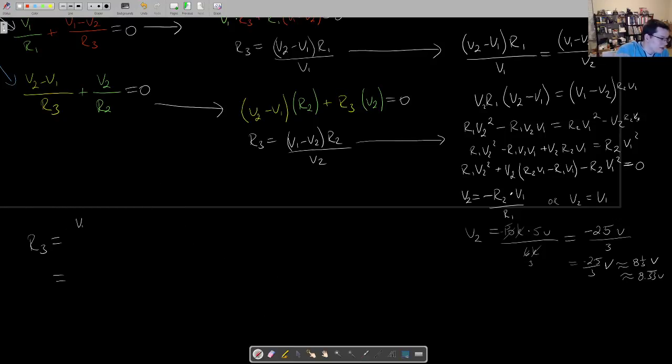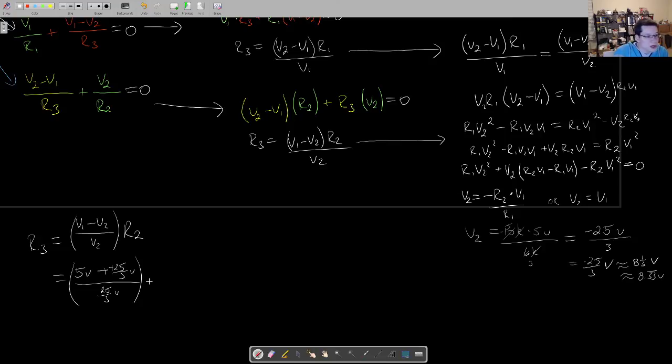R3 equals V1 minus V2 divided by V2 all times R2. That will give me ohms. Goodness gracious, I'm so sorry. V1 is 5 volts. V2 is negative 25 thirds volts.